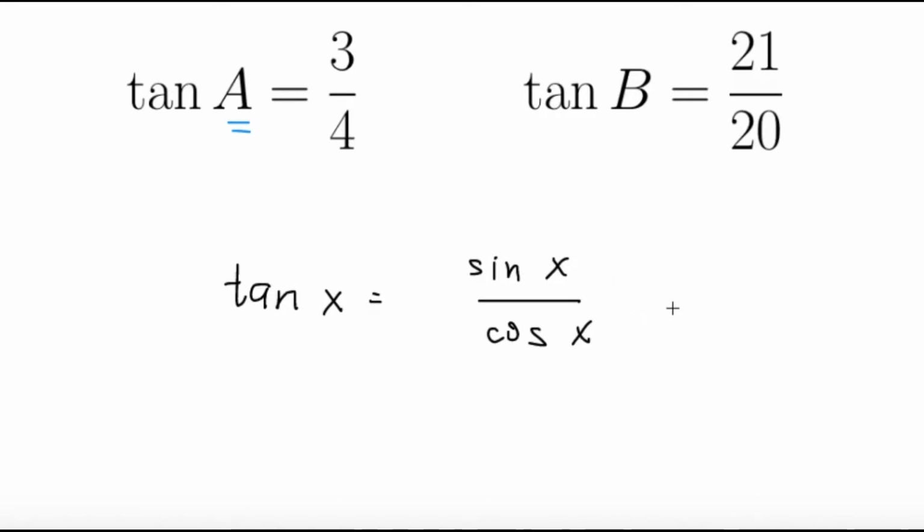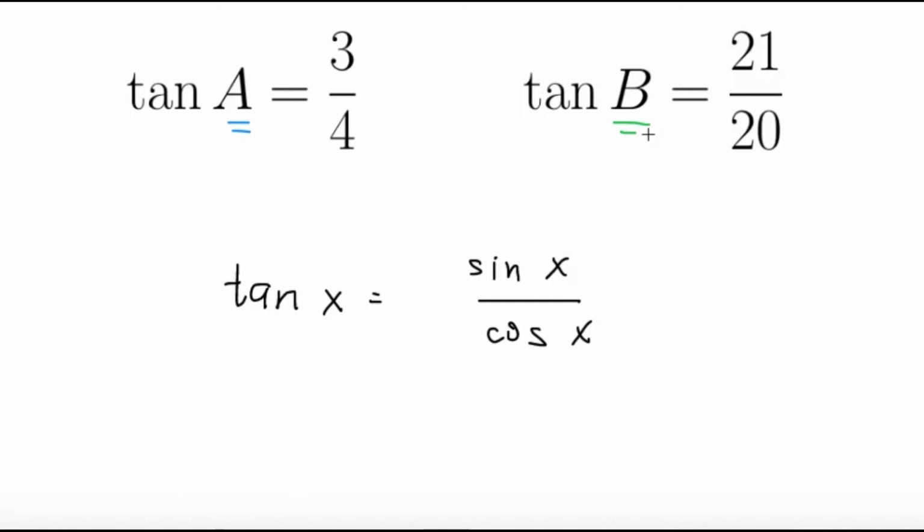Before that, note how the tangent of A and the tangent of B are both positive. So we would know where the terminal sides of these two angles are: either in quadrant 1 or in quadrant 3.